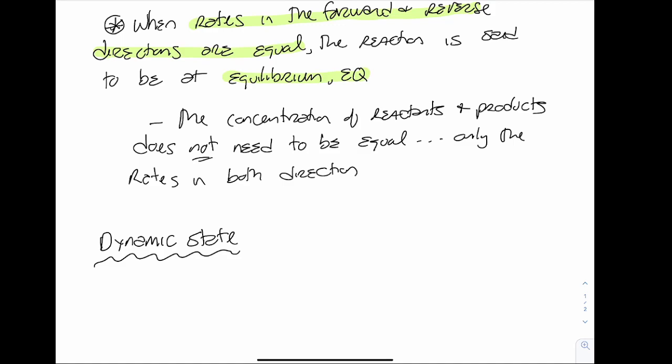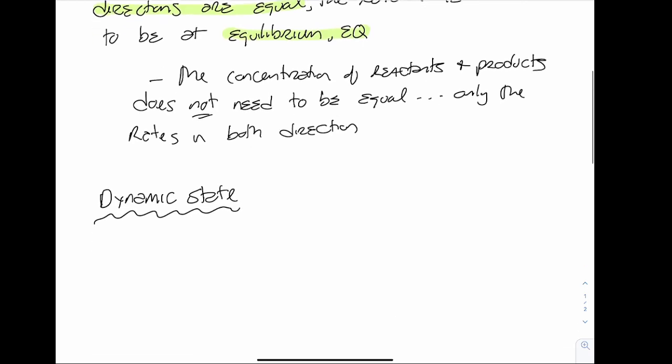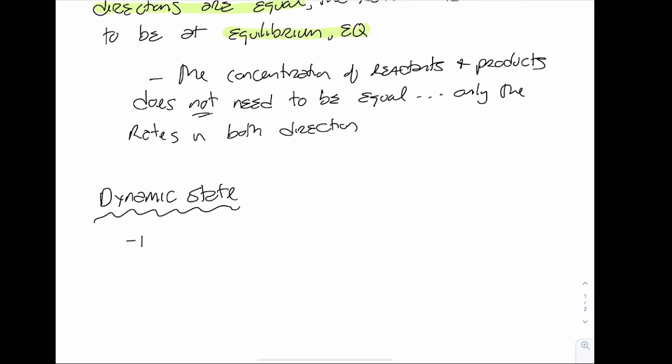It actually looks like we're not forming anything. It kind of looks like it's just sitting still, but it's not. It is dynamic. We are forming A and B. It's just that since we're doing that at the same rate, it looks like it has stopped. So it is a dynamic state, right? It appears that the reaction has stopped.